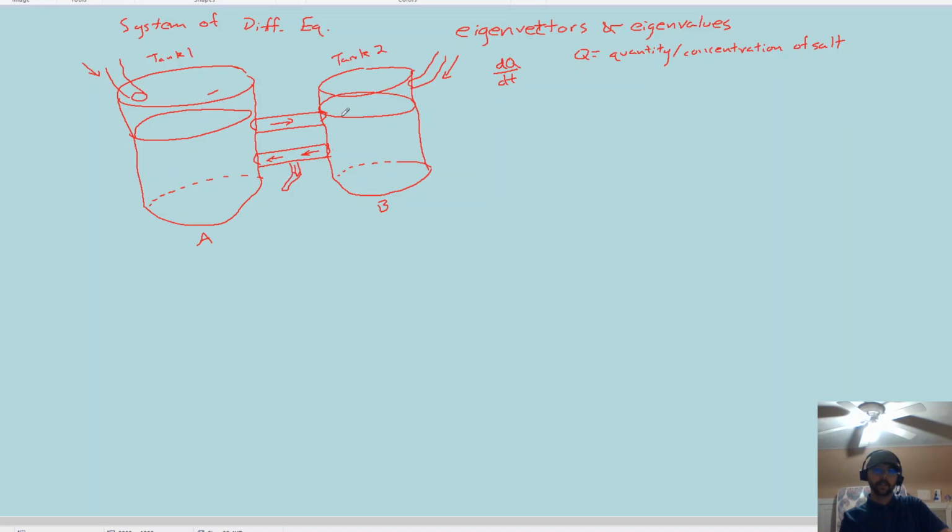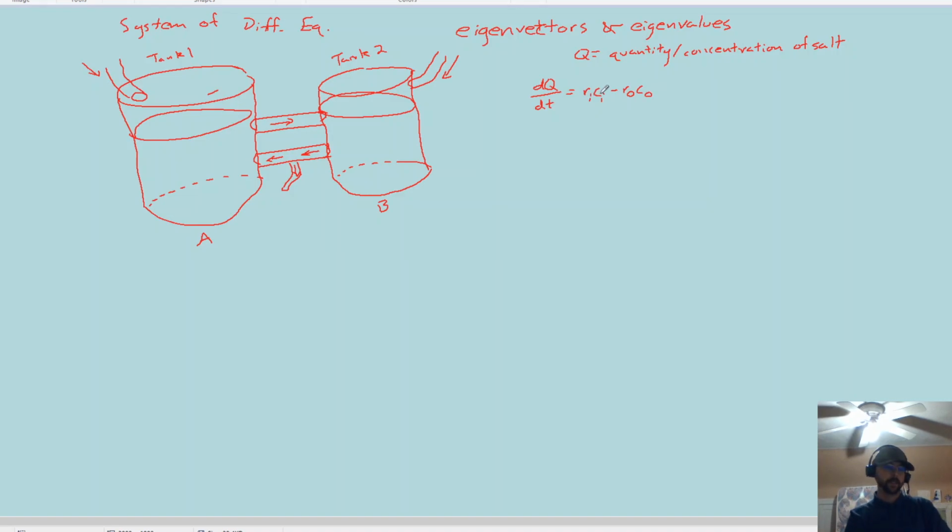And the next thing is the general formula for these. So the rate of change of a quantity with respect to time equals the rate in times the concentration in minus the rate out times the concentration out.